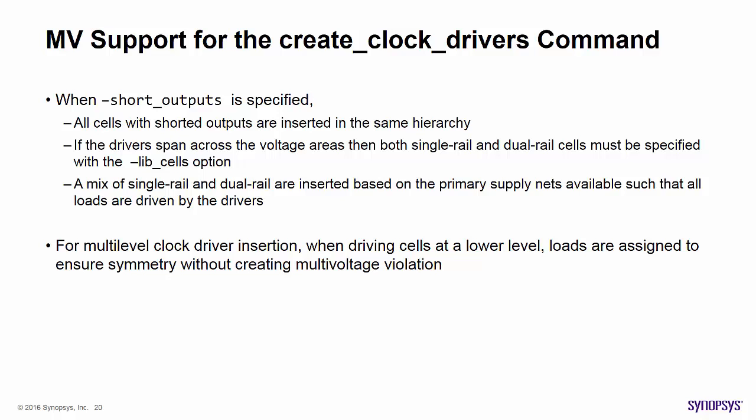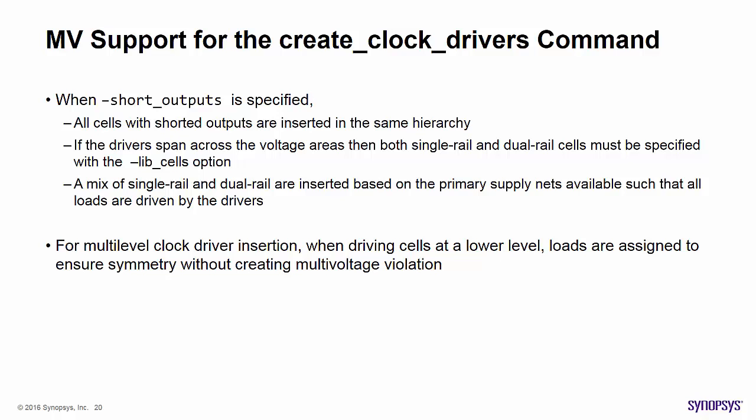In a case where the -short outputs option is specified, all cells with shorted outputs are inserted in the same hierarchy. Both single and dual rail cells must be specified using the -lib cells option if the drivers span across different voltage areas.